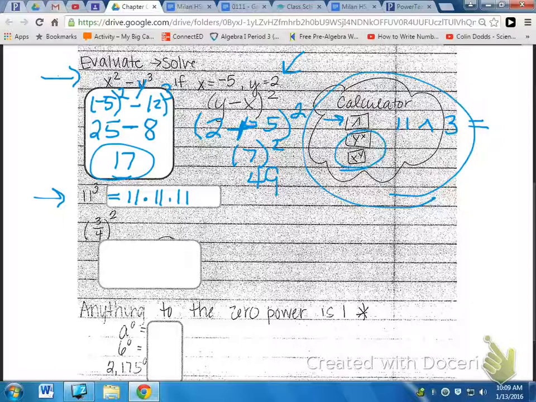These two, it just depends on how your calculator is set up. Y to the x, and pretty much it's going to work the same way as the caret button. You would put 11 and then y to the x button and 3, and that should do it for you.